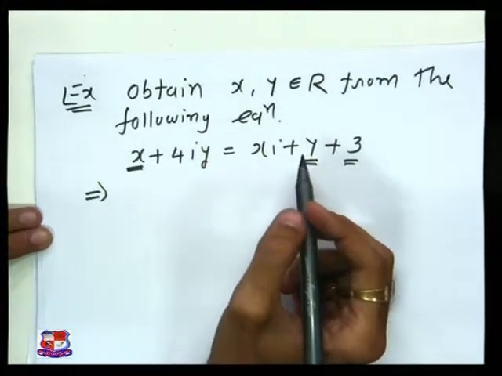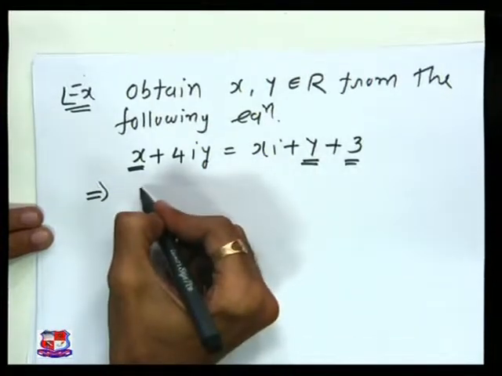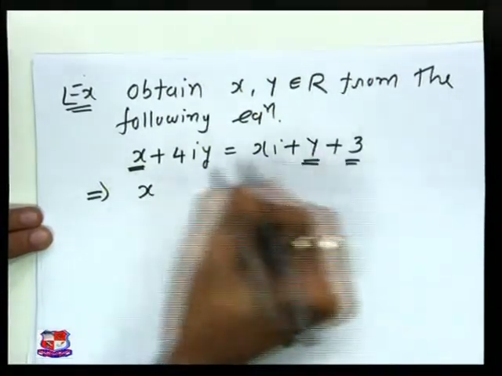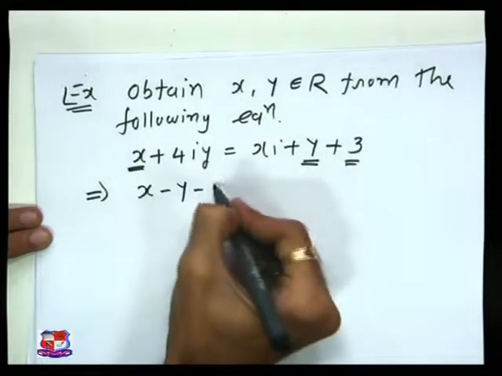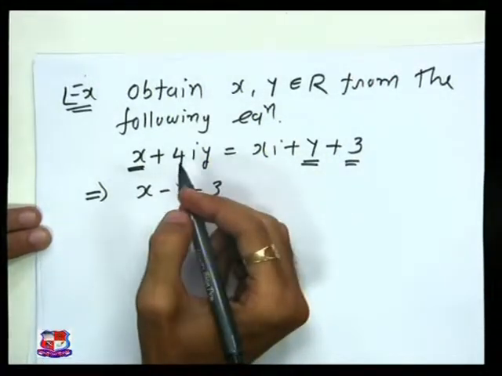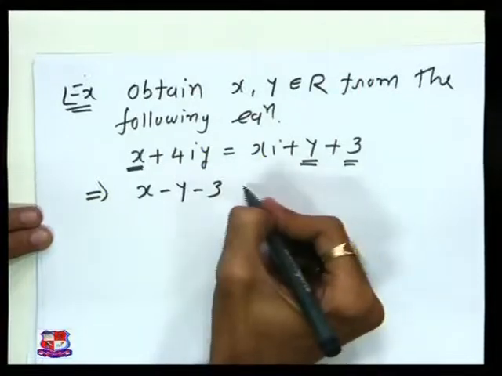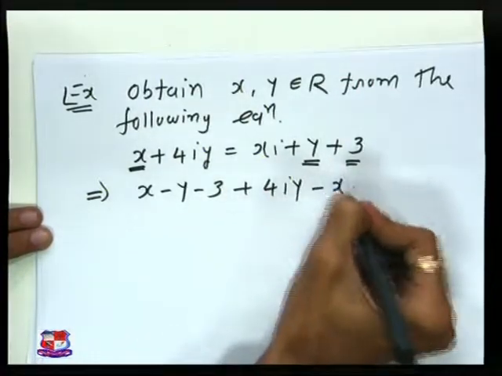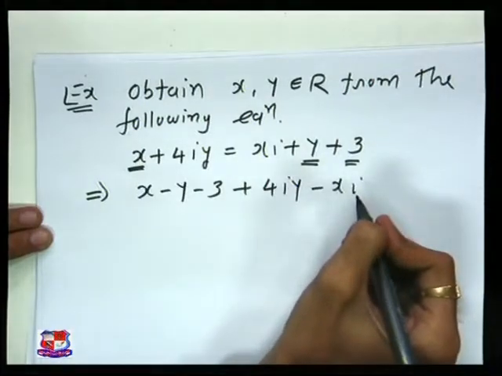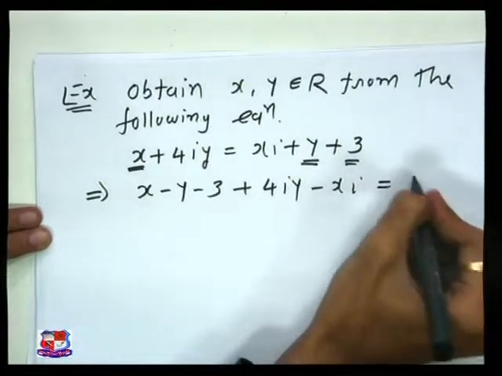So first I will get x, this y comes here so that is minus y, this plus 3 comes here so that is minus 3. This is the real part, plus 4iy and minus xi, that is equal to 0.